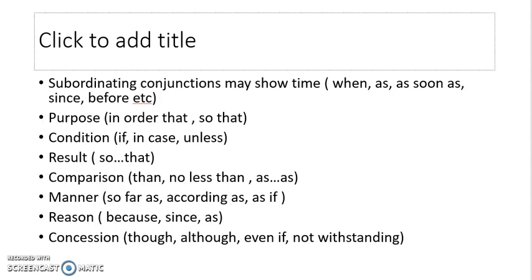Different types of subordinating conjunctions may show time, purpose, condition, result, comparison, manner, reason, concession, etc. If you cannot understand this, please go to the class on adverb clauses, where we have talked about it in detail.